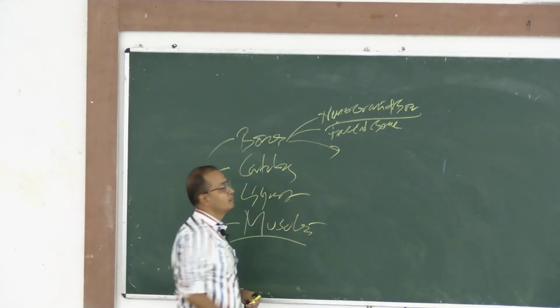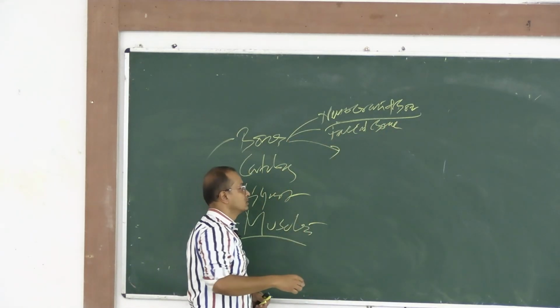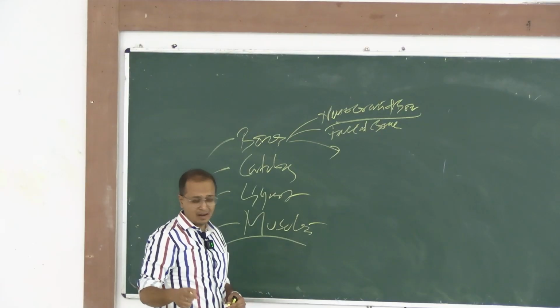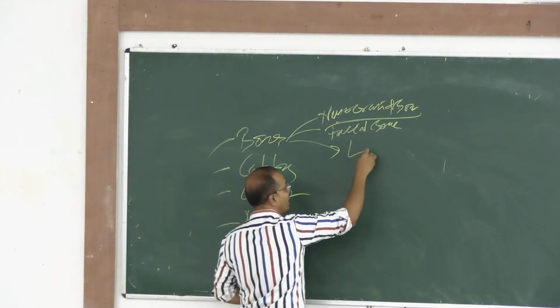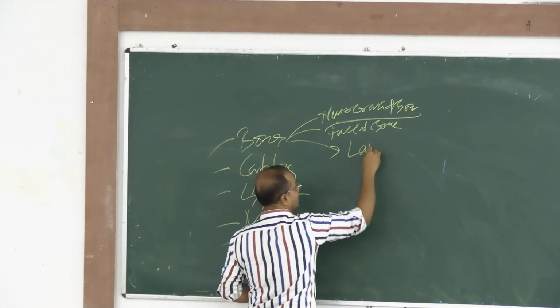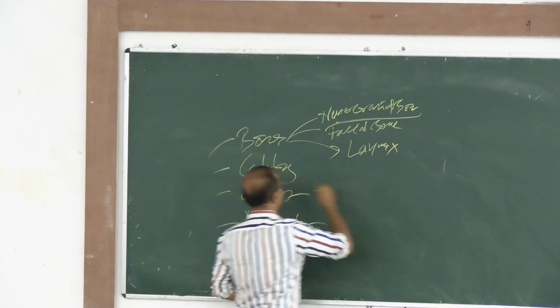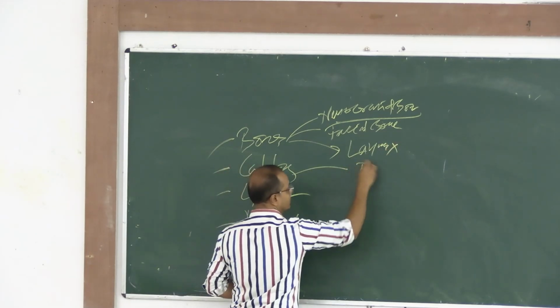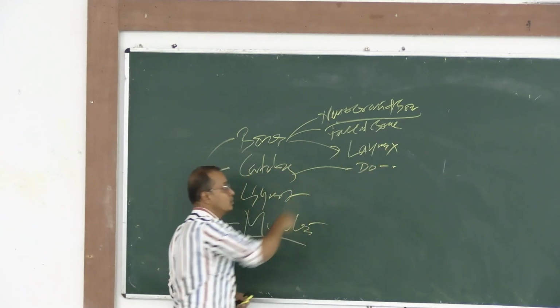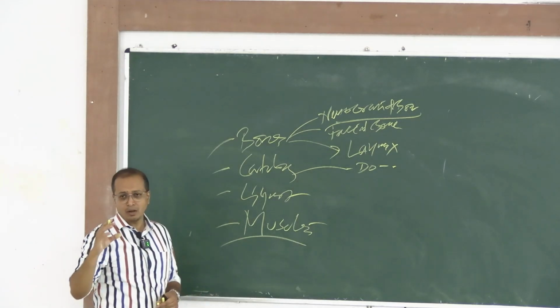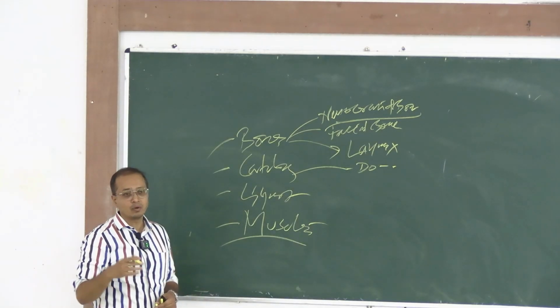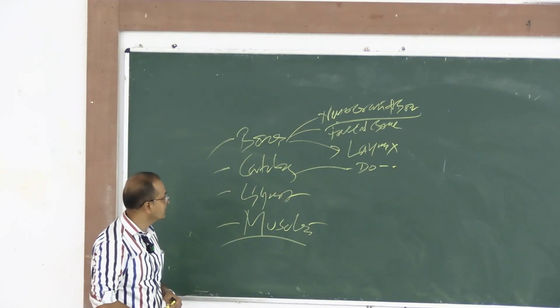And then we have bones related to an organ in the neck region, the larynx. So we have laryngeal bones and cartilages. Bones and cartilages constitute the architecture of the larynx. We call them laryngeal bones and laryngeal cartilages.